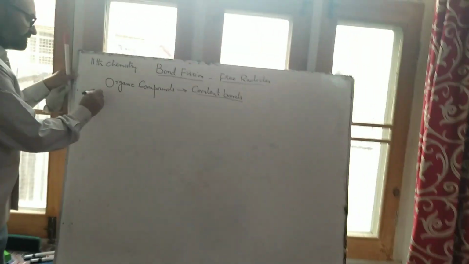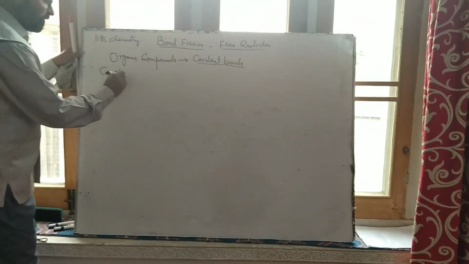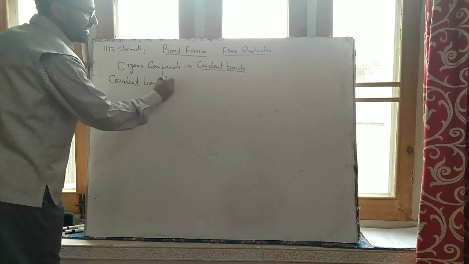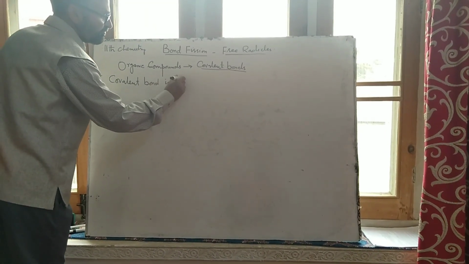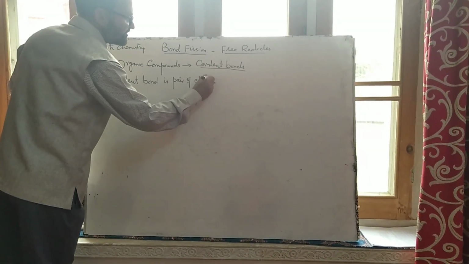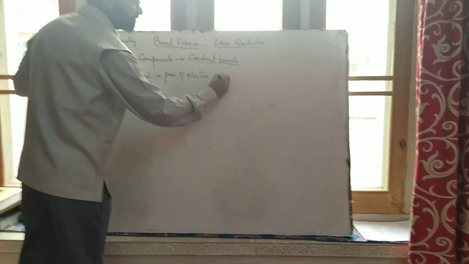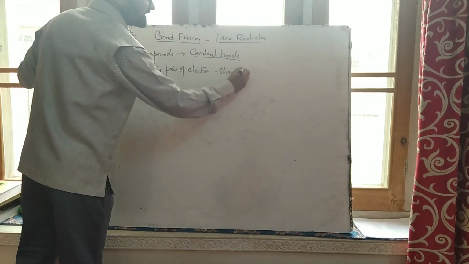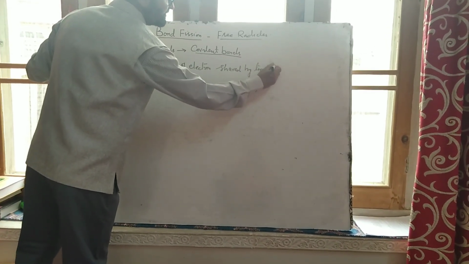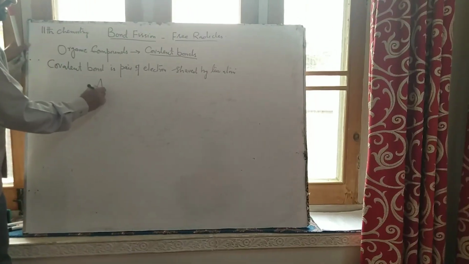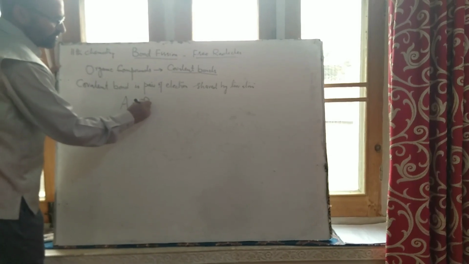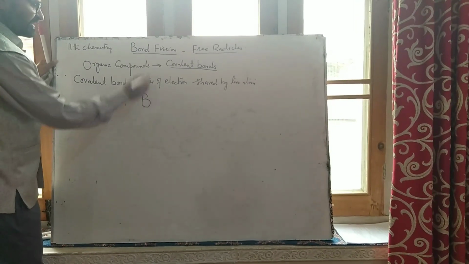A covalent bond is a pair of electrons shared by two atoms, just like this. I will show this A, B. Now, this is a covalent bond. It is shared by two atoms.